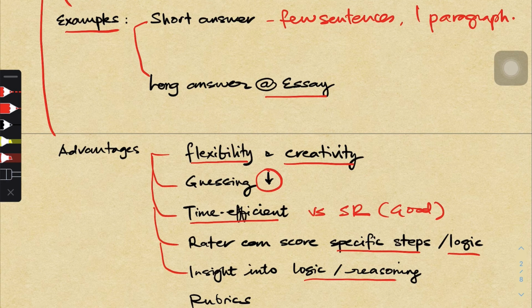The essay also allows us to come up with rubrics, so that we can put on paper what we want to be scored in the CR answer. Perhaps we want to see what the thinking was behind coming up with the answer, what the logic was, what the argument was, and a CR format allows this.